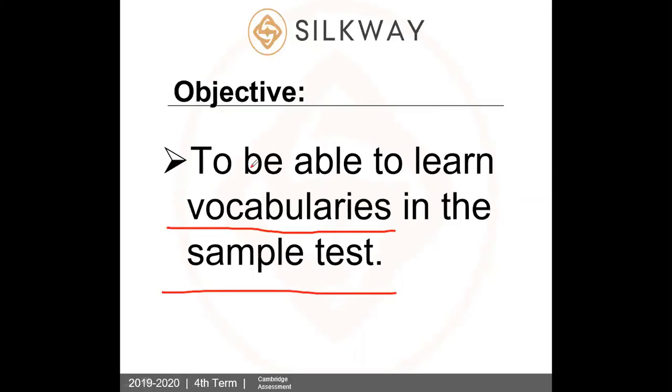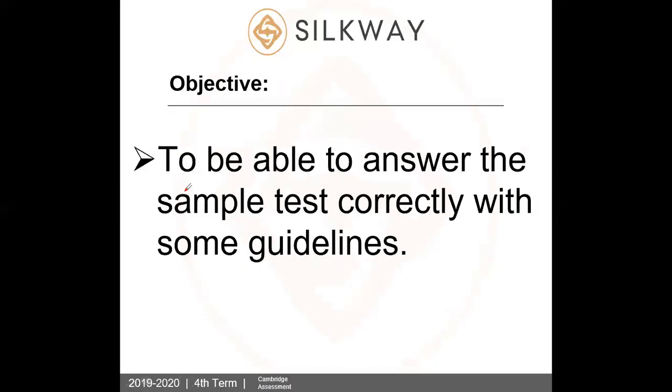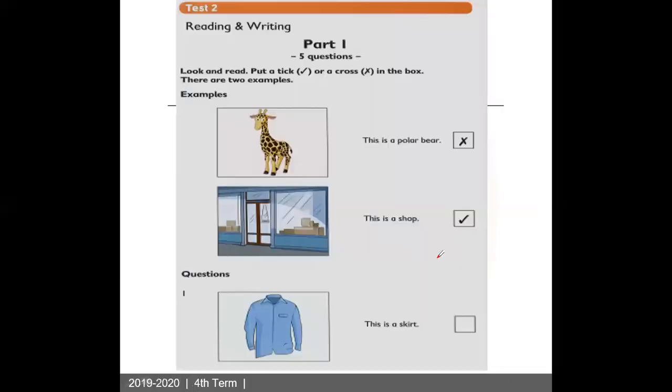When you say vocabularies, it means we will learn some new words for our pupils. Next, to be able to answer the sample test correctly with some guidelines. All right, so let's start.